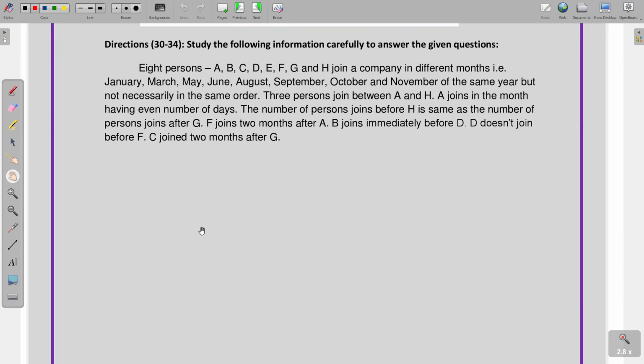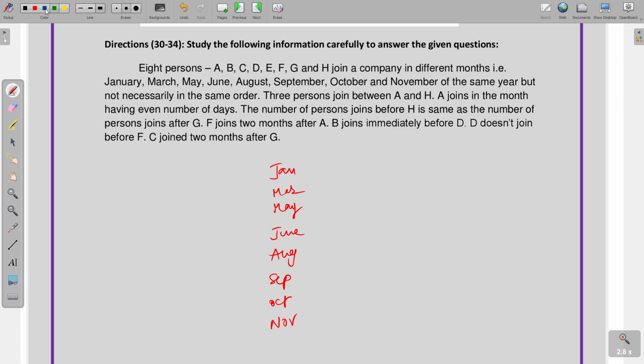So here we have one more puzzle, directions for questions 30 to 34. 8 persons A, B, C, D, E, F, G and H join in a company in different months, that is January, March, May, June, August, September, October and November. Okay, but not necessarily in the same order.